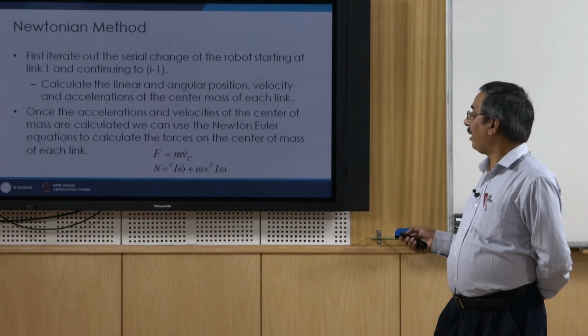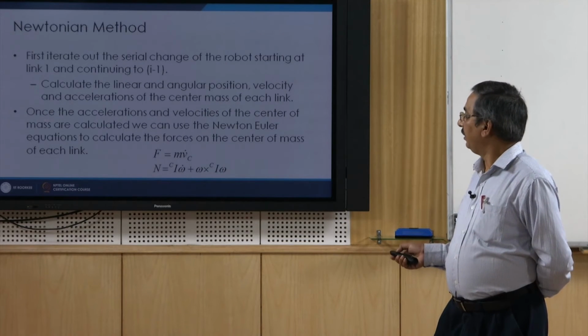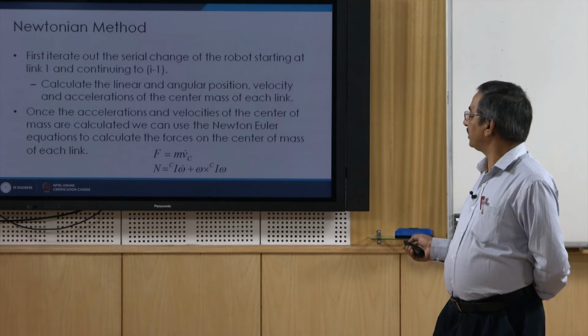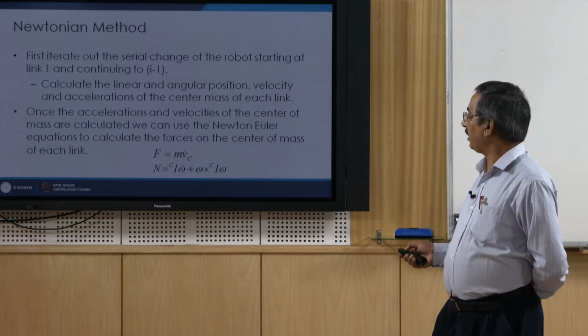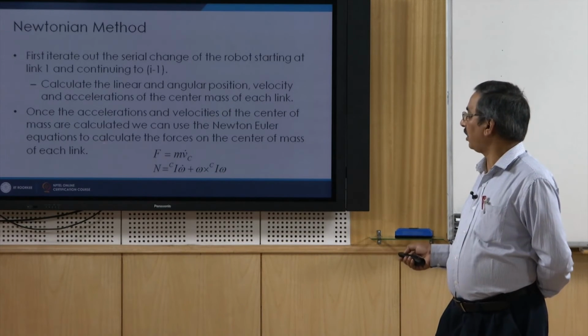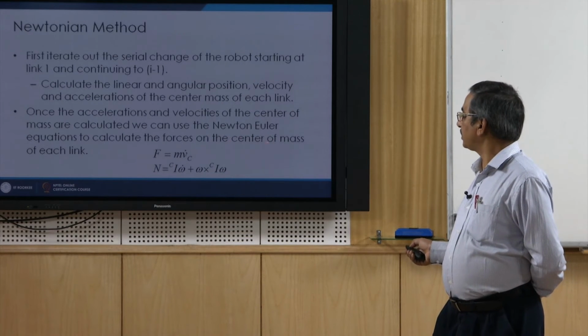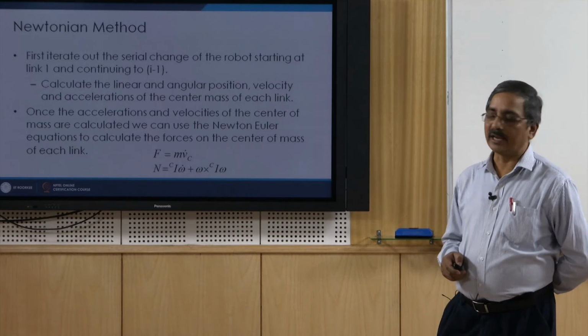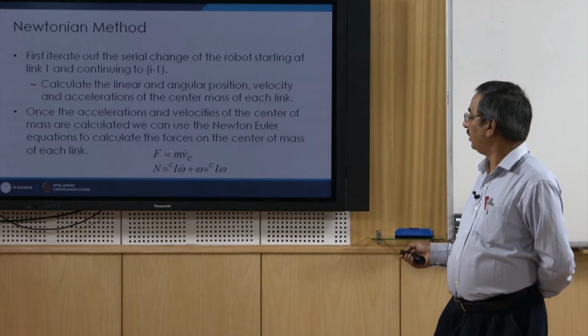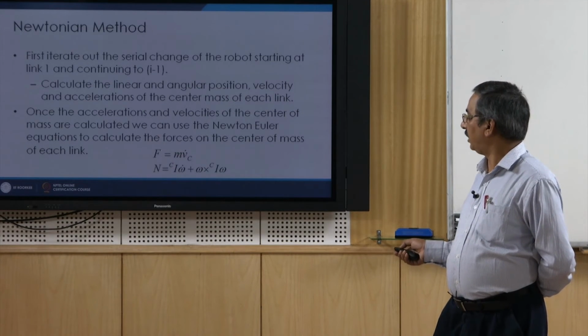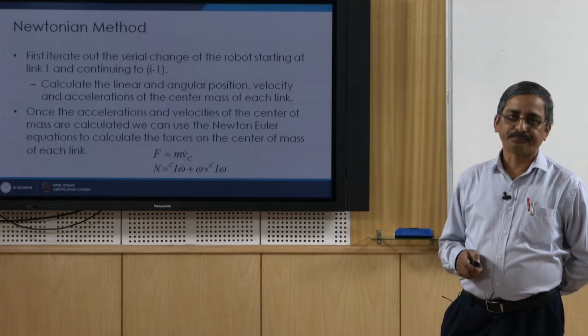Once the accelerations and velocities of the center of mass are calculated, we can use the Newton-Euler equation to calculate the forces on the center of mass of each link. So, this is for the linear motion and this expression is for the angular motion.